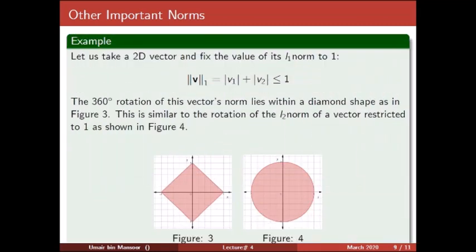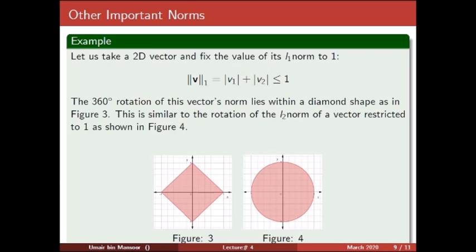Okay, let's see an example of an L1 norm in two dimensions. Okay, now a two dimensional space represented by the x coordinate and the y coordinate. This is just to explain to you.